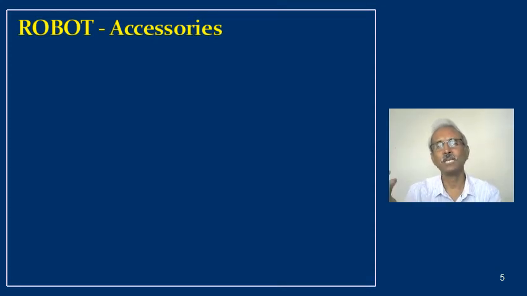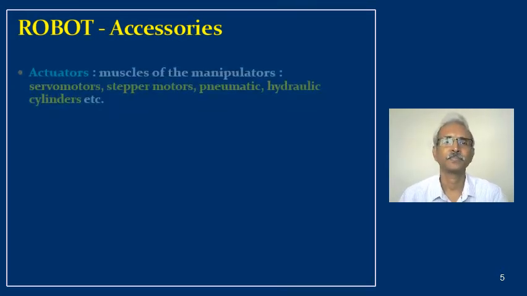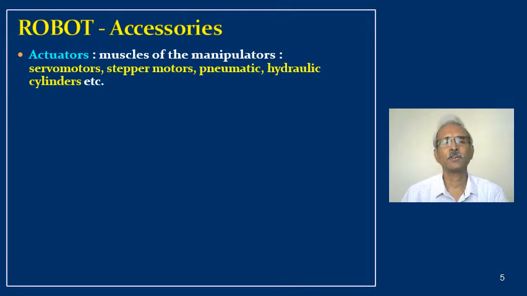So similarly, you have the physical structure of the robo, but you need certain accessories to actuate or make the robo work. So what could be those accessories? Let's see one by one here. The first is actuators. As I told you, like we have muscles, these actuators are called the muscles of the robo or the manipulator.